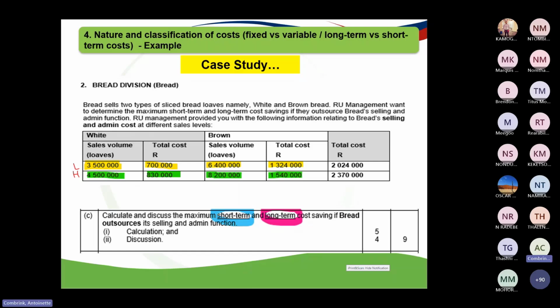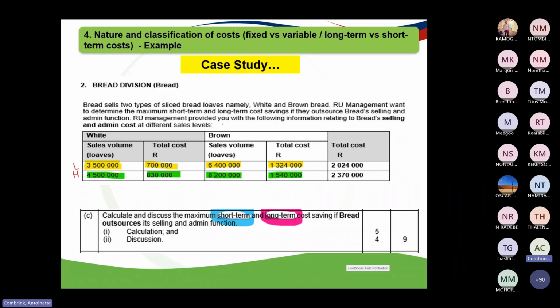Okay, I'm quickly going to go over to question C. In part C of the question, you'll see, this is the bread division. The bread division sells two types of bread, white and brown.